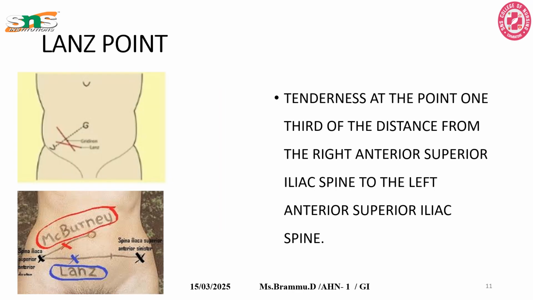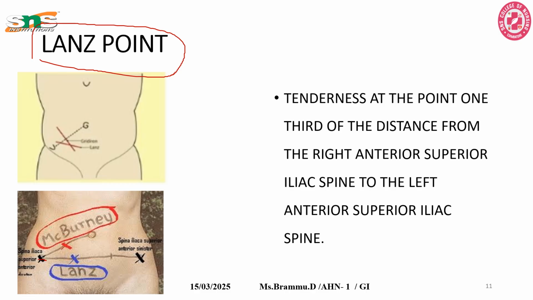And the other important sign which we call the Lanz point. Here we call it the tenderness which is present at the 1/3 of the distance from the right anterior superior iliac spine to the left anterior superior iliac spine. This diagram you can easily understand.